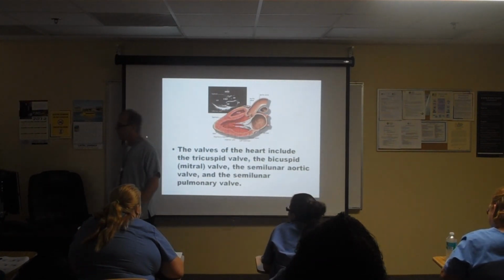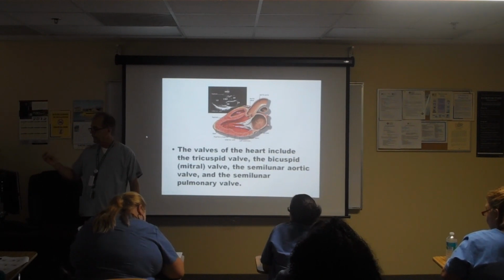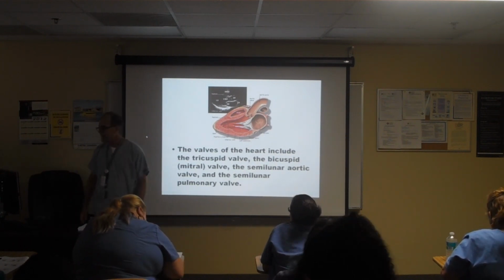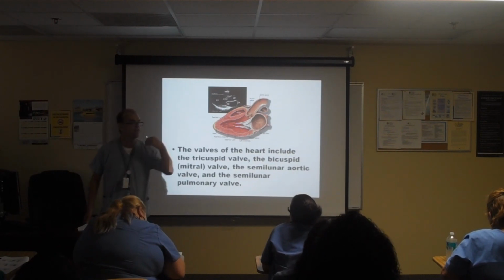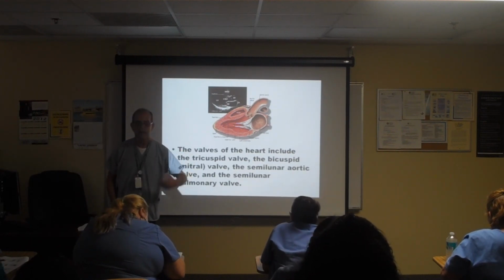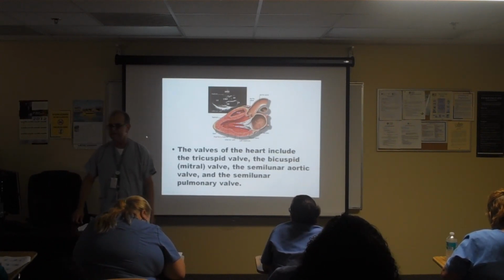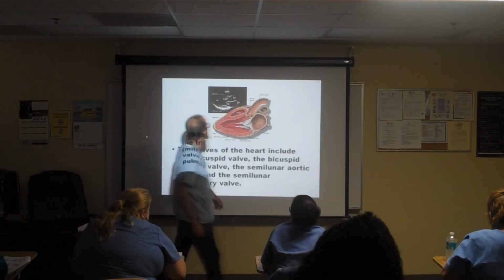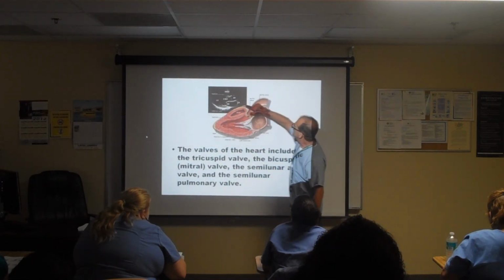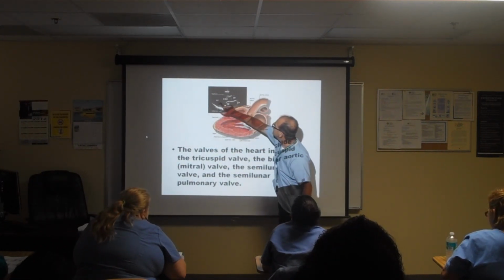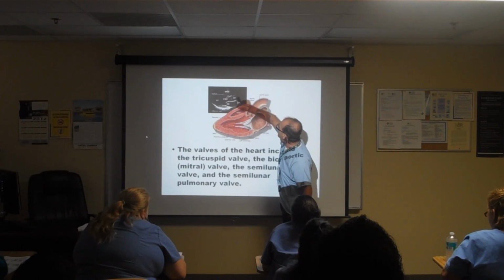The valves of the heart include the tricuspid valve, that you know is on the right side, the bicuspid valve, which has another name, it is called the mitral valve, the semilunar aortic valve, and the semilunar pulmonary valve. You can see here left atrium, left ventricle, and this is the aorta here.